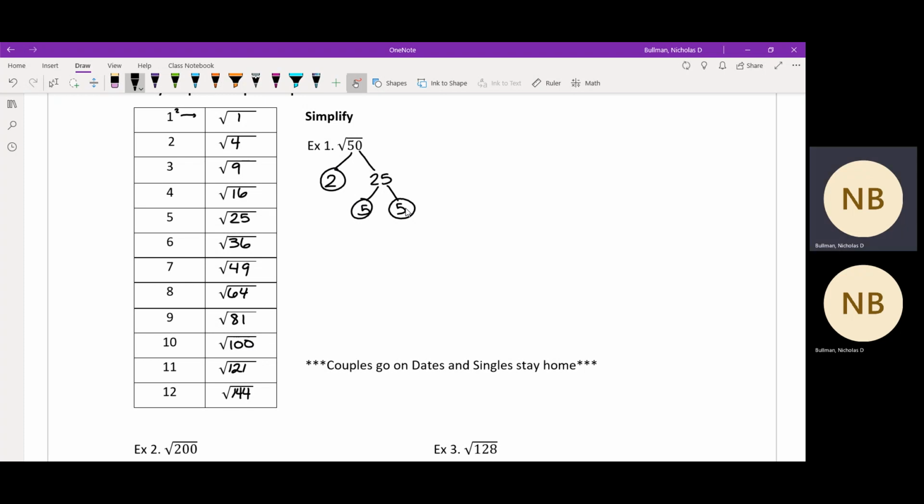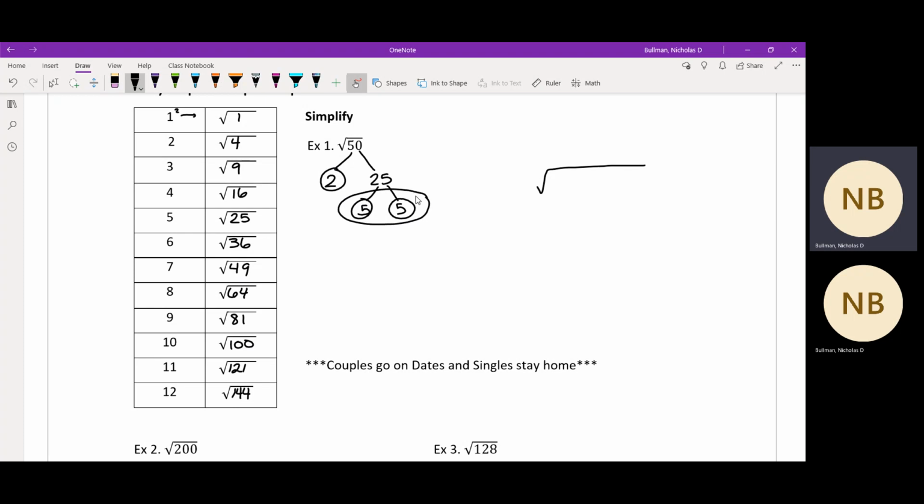Okay, so they have the note down here, couples go on dates and singles stay home. So after I've done my factor tree, I have all my prime numbers. I want to figure out what numbers are staying in the square root and which ones are coming out of the square root. So I want to look for pairs. Couples go on dates. If they're a pair, then they will move outside the square root. So I have two 5s.